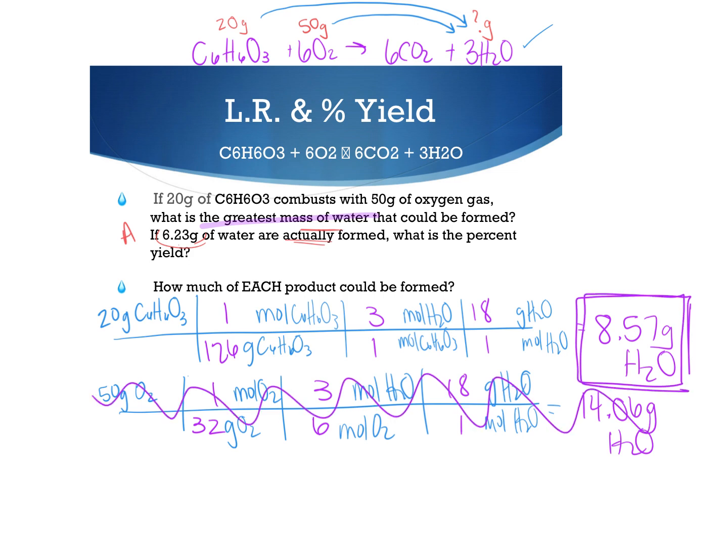This T-chart now is irrelevant. So that means my limiting reactant is this guy, C6H6O3. Okay? So I've answered part of my question. It says if 6.23 grams are actually formed, what's my percent yield?